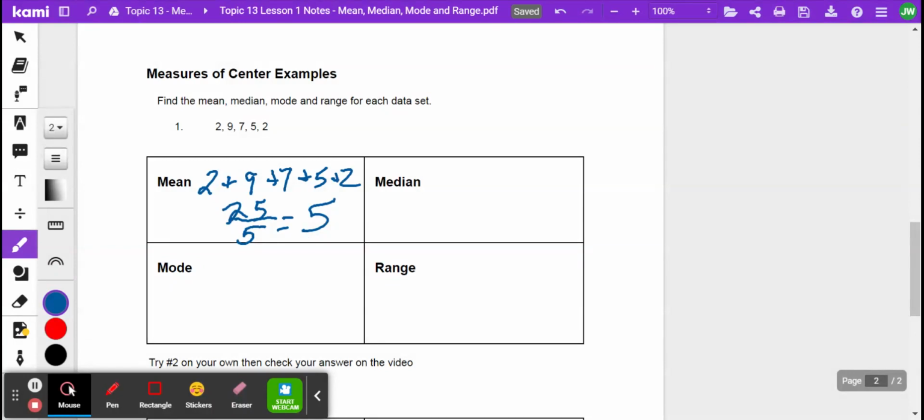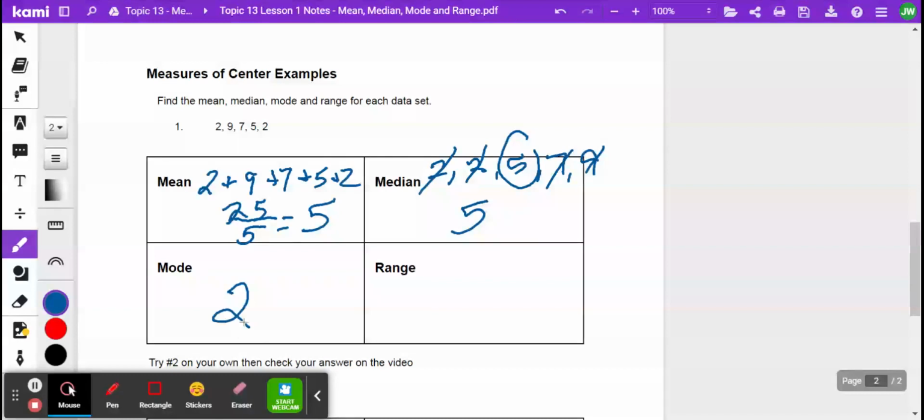To find the median, I need to put them in order. So I need to do 2, 2, 5, 7, and 9. And the middle one is here. I eliminate top and bottom, and then the next 2, and I'm left with 5 as my median. The one that happens the most, we see with our numbers in order that 2 happens 2 times.